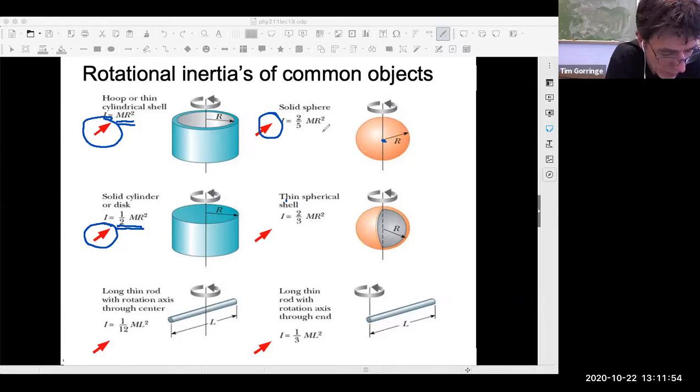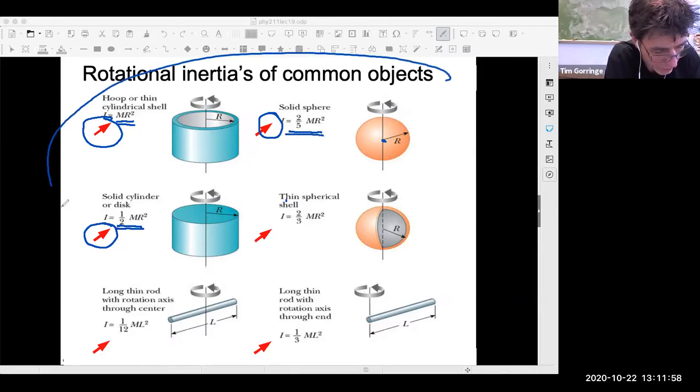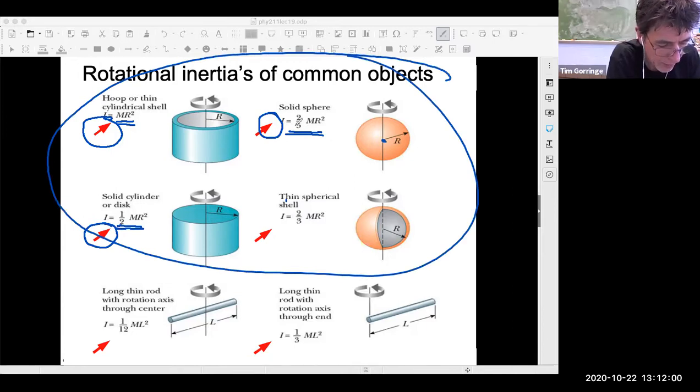And that geometry has the smallest moment of inertia of these objects here. You can see this is 2/5 compared to 1/2 over here, and compared to 1, effectively 1 here.